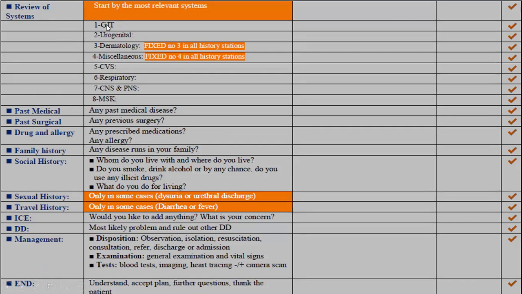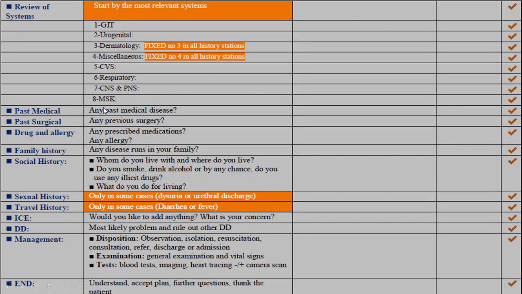If you start with GIT, it will be with urogenital and so on. So start with the most relevant to the complaint. Number 3 and number 4 are fixed in all history stations: dermatology and miscellaneous, whatever the complaint is, dermatology and miscellaneous, constitutional symptoms. Number 5, 6, 7, 8 will be the least relevant.